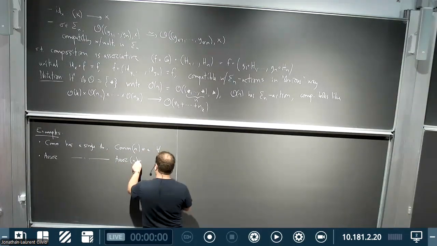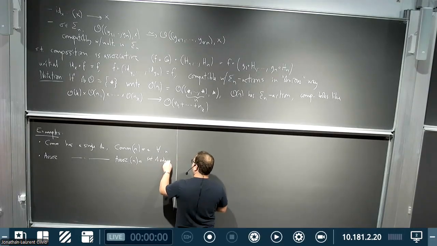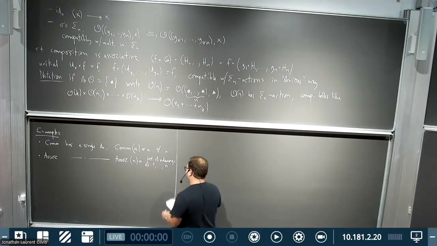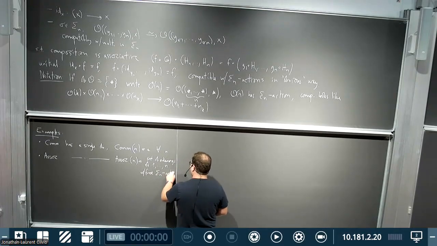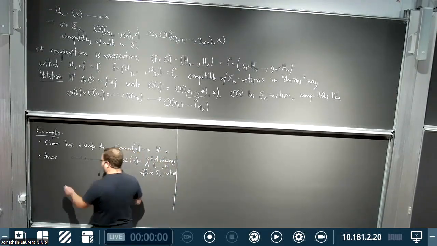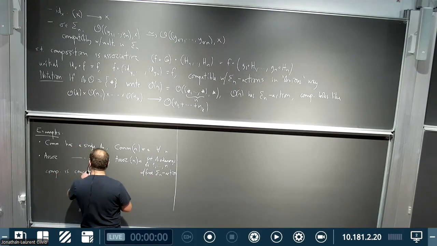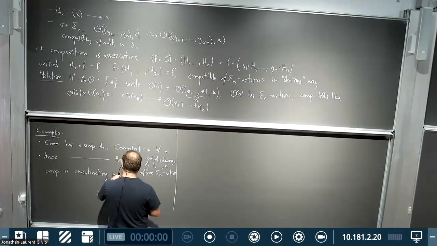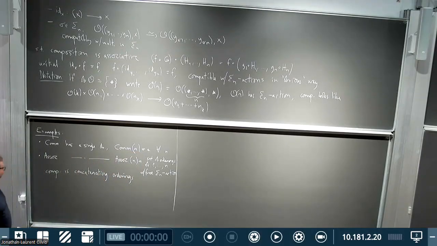The n-ary operations you describe as the set of orderings of an n-element set with the free sigma action on that. And then the composition is given by concatenating these orderings.